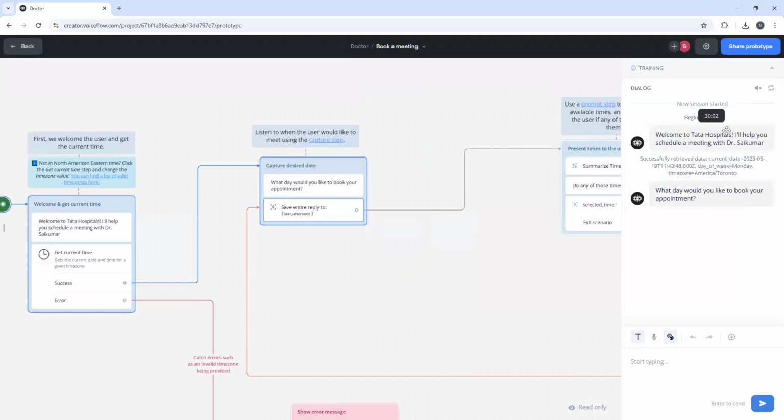So it says, welcome to Tata Hospitals. I'll help you to schedule a meeting with Dr. Sai Kumar. Then it says, what day would you like to book your appointment?